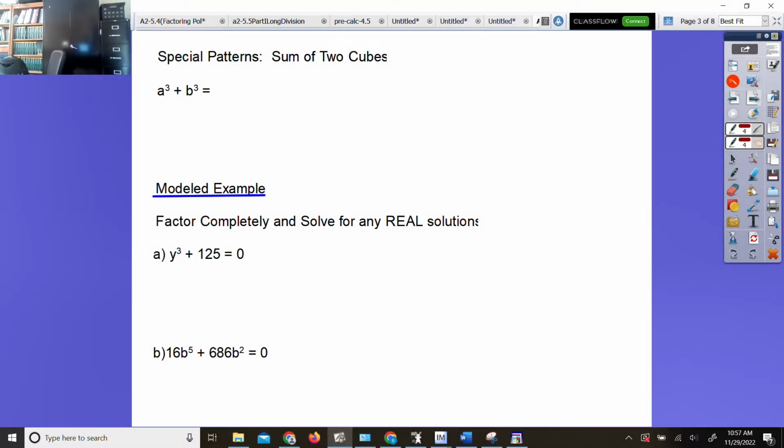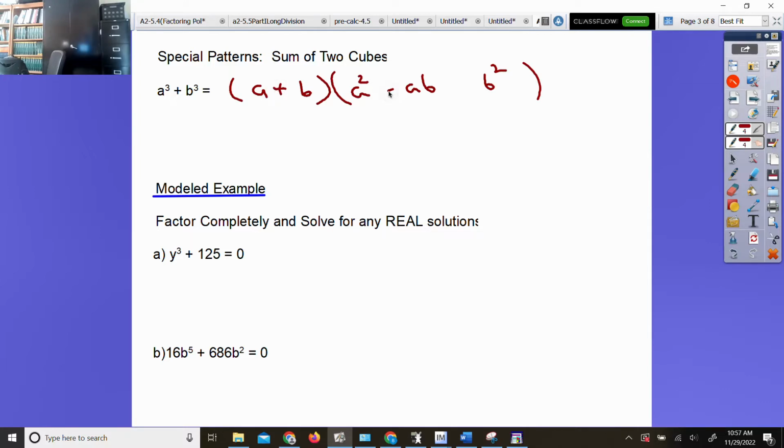Here's a special pattern, sum of two cubes. The lettering is the same. Lettering still A and B, still A squared, still AB, and then B squared. You just have to remember your signs. This is A cubed plus B cubed. A cubed plus B cubed starts off with a plus.